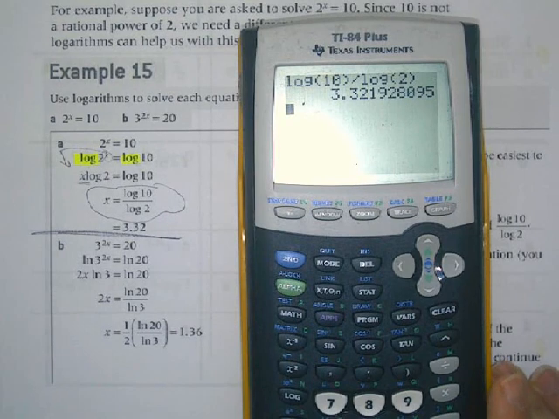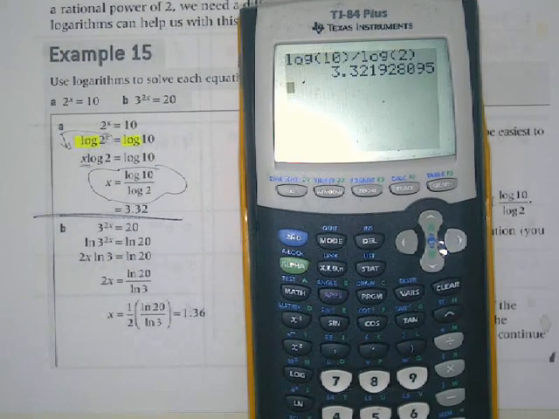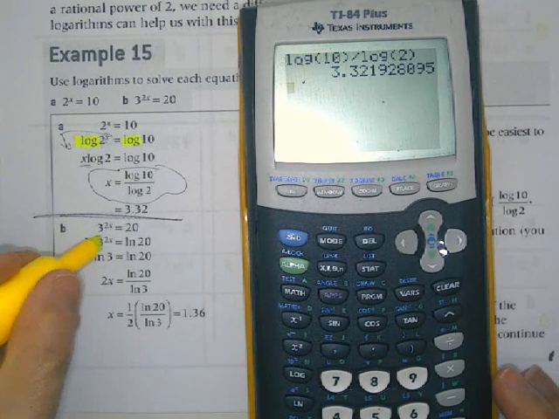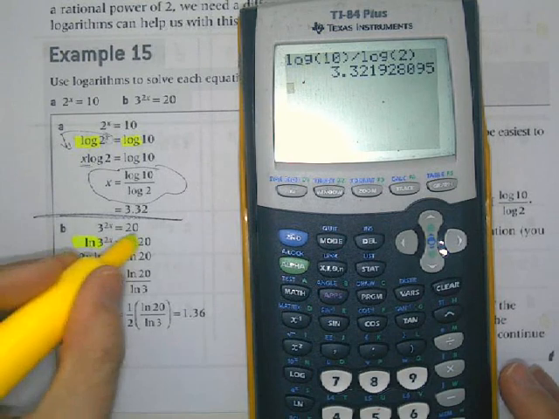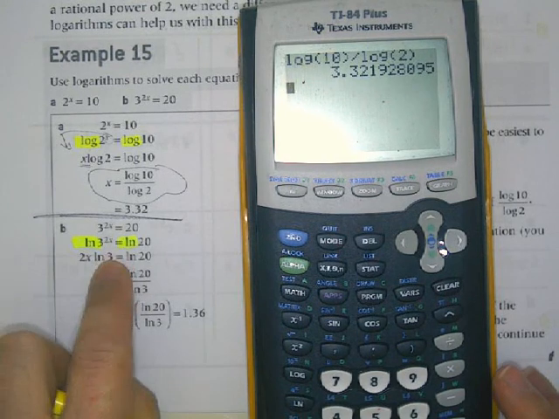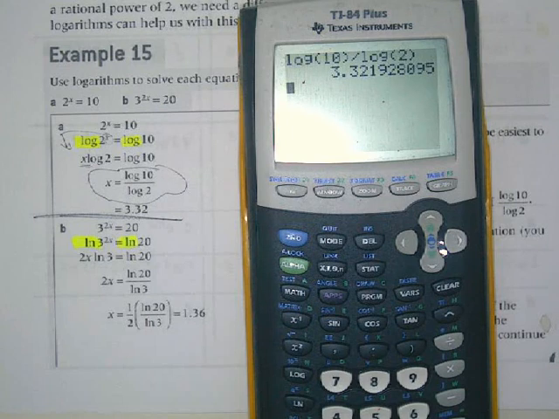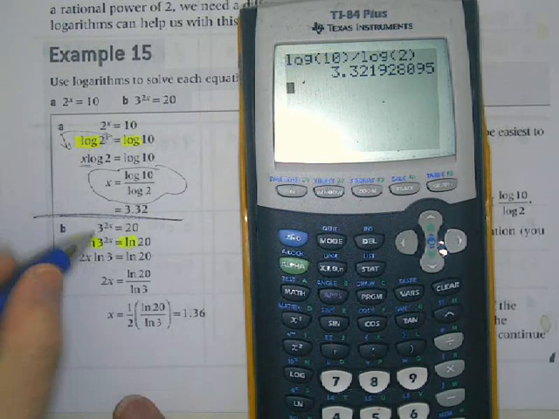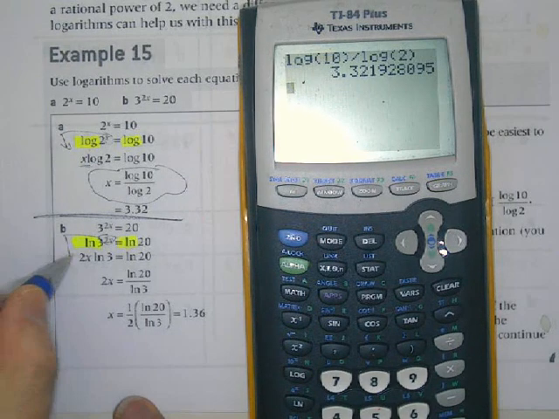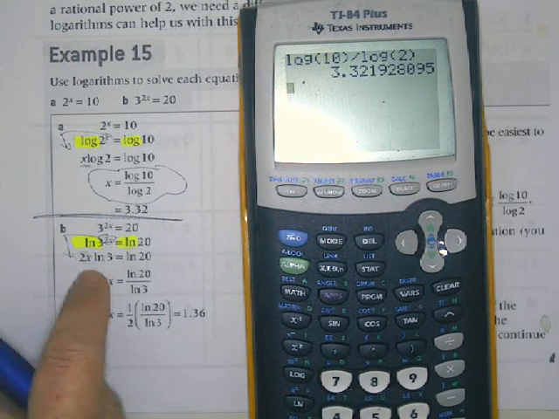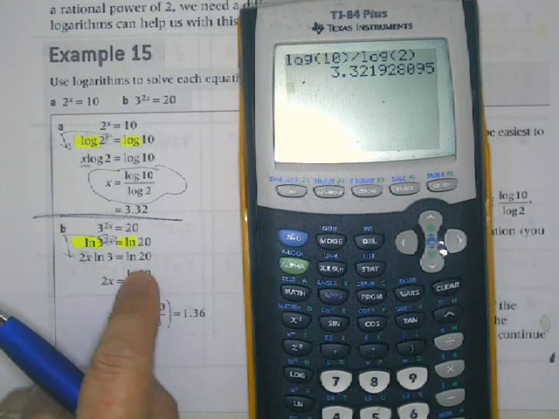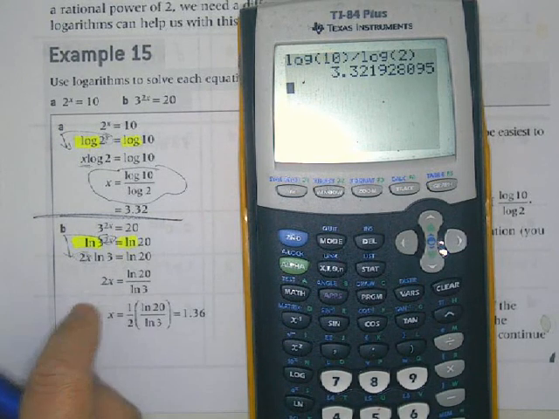Like in this example, they did natural log on both sides of the equation. Then they did the power rule to bring the 2x to the front, like we did here. And then they divided both sides by natural log 3, and then multiplied both sides by a half.